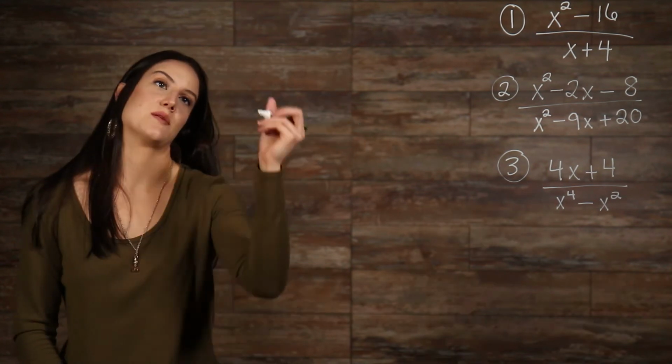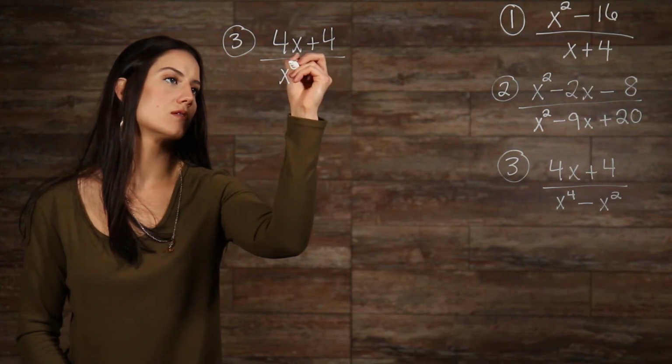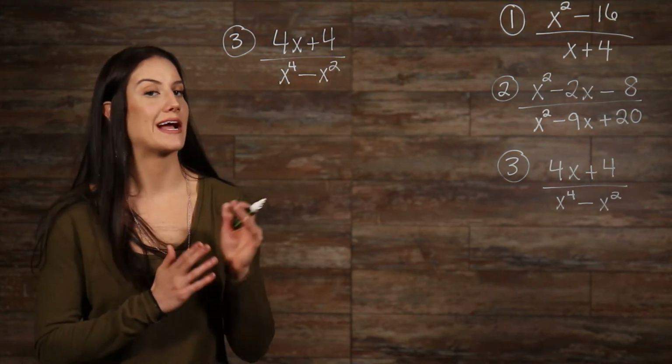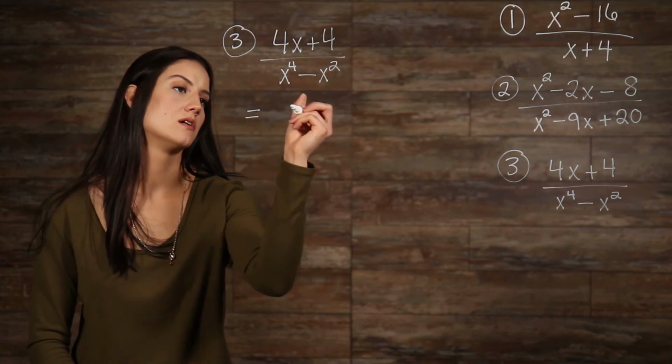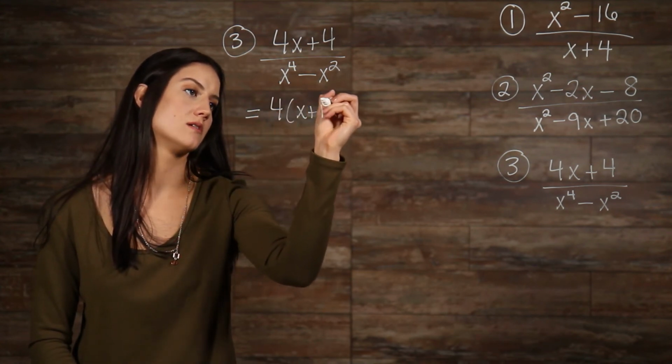For our last example, we have... To reduce it, we can rewrite our numerator by factoring out a 4, which would give us x plus 1.